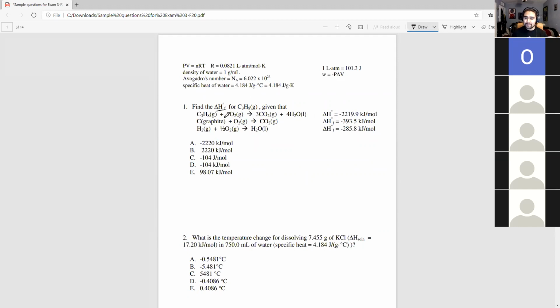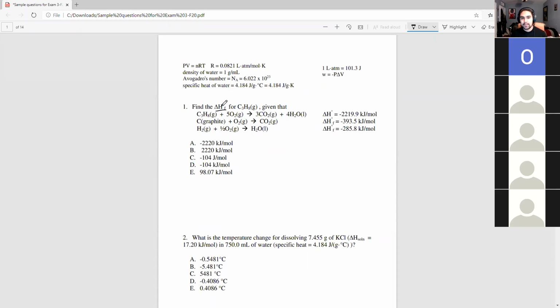Anyone have an idea or definition? Well, I guess I'm kind of repeating the word itself, but it's the change in enthalpy when 1 mole of a substance is formed in its standard state.